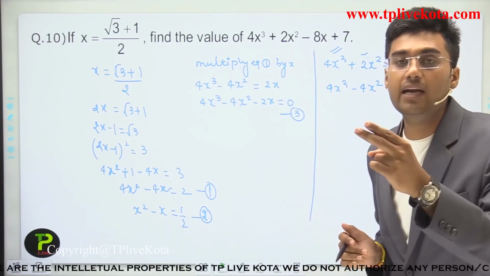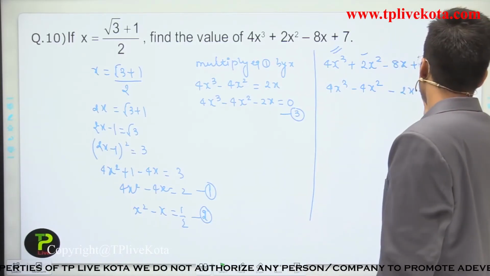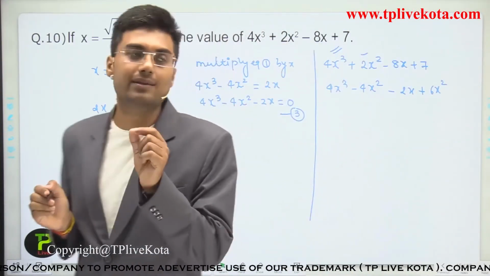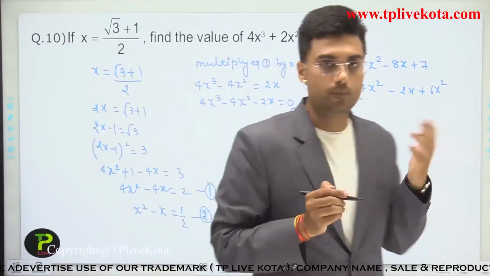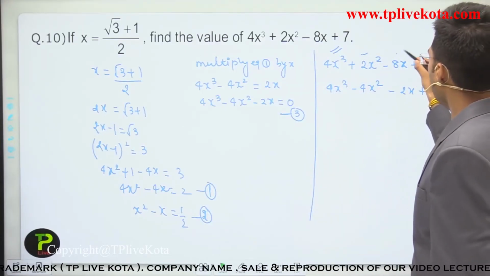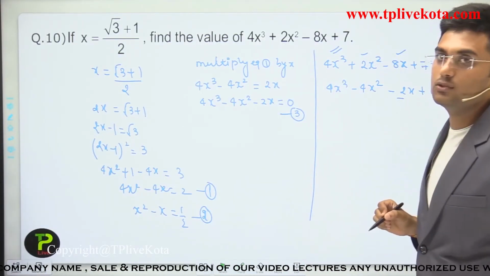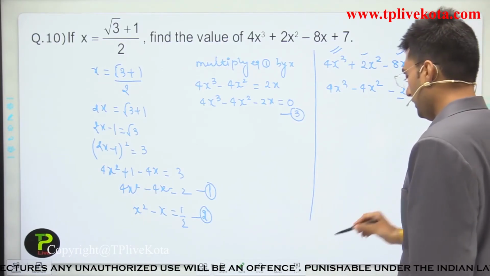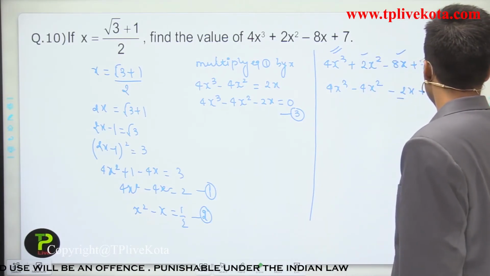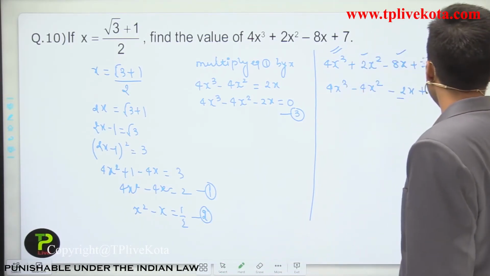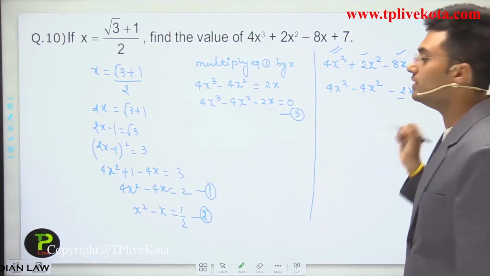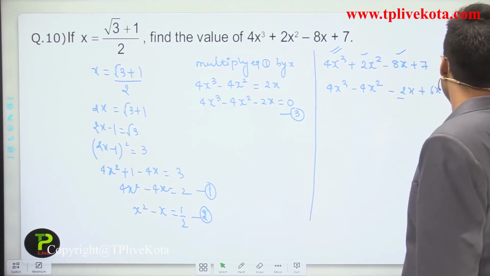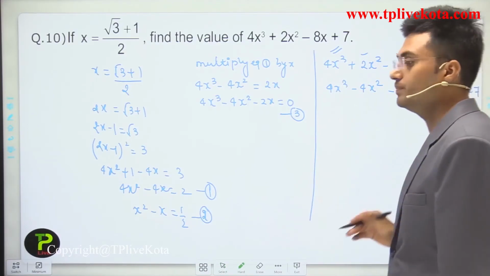So we have to add plus 6x square, because plus 6x square minus 4x square is equal to 2x square. Now here we have minus 8x and here we have minus 2x. So we have to add minus 6x, because minus 2x and minus 6x is equal to minus 8x, and last is plus 7. Okay.